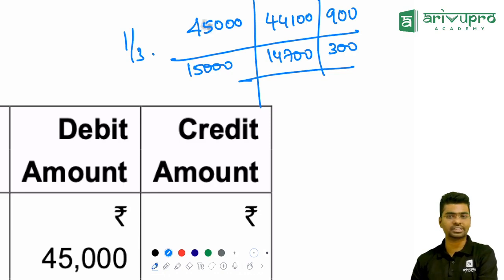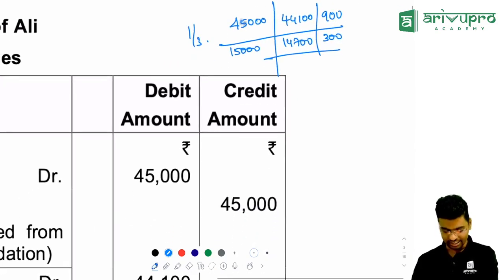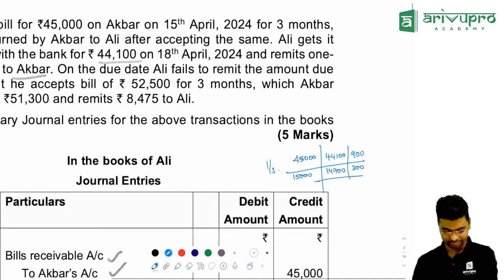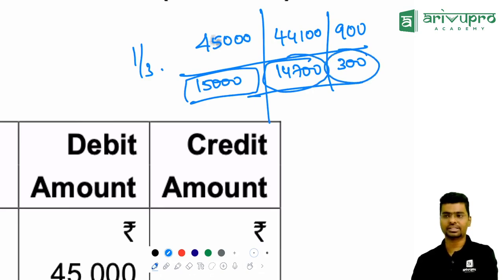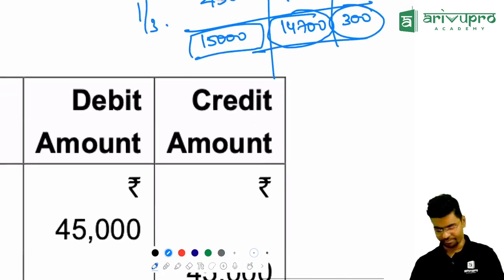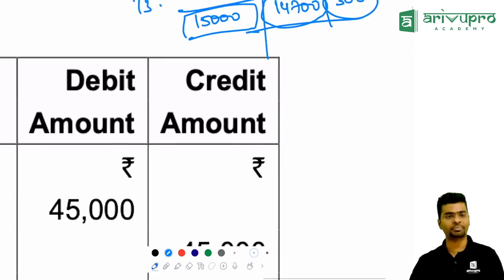Anyone got this wrong? Everyone got this right? So what's the journal entry for transferring this? This is transferring it to Akbar, no? Akbar to bank. Okay. Now, how much more should Akbar pay to Ali?